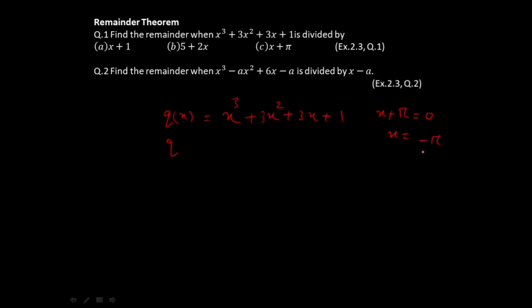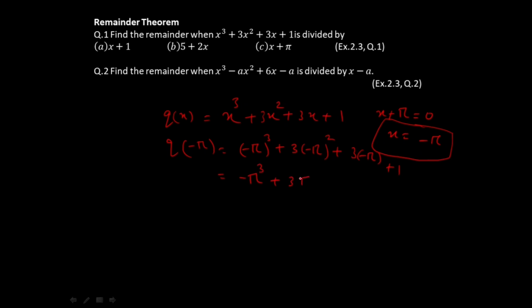Don't take 22/7, that will get you a wrong answer. So replace x by negative pi: negative pi whole cube plus 3 times negative pi whole square plus 3 times negative pi plus 1. Then simplify: negative pi cube plus 3 pi square minus 3 pi plus 1. Can I simplify this further? No. So that is my remainder. That's it.